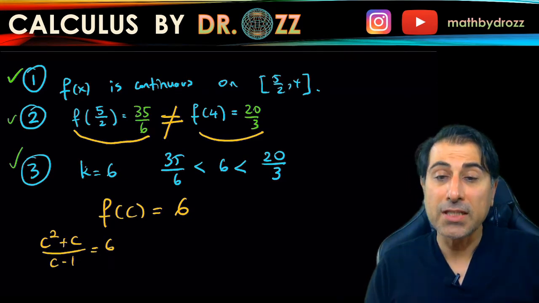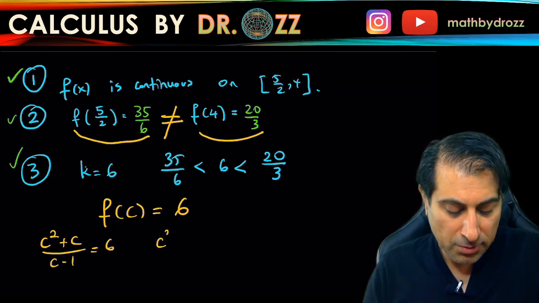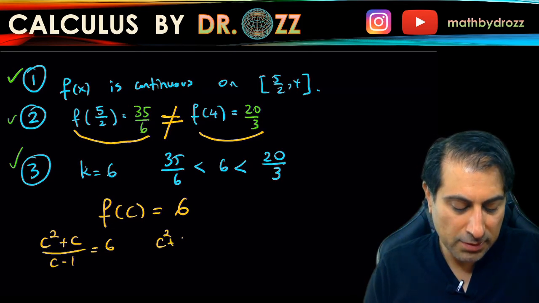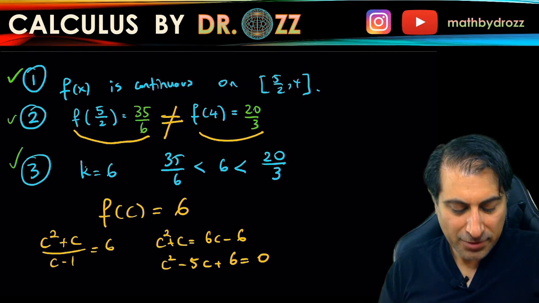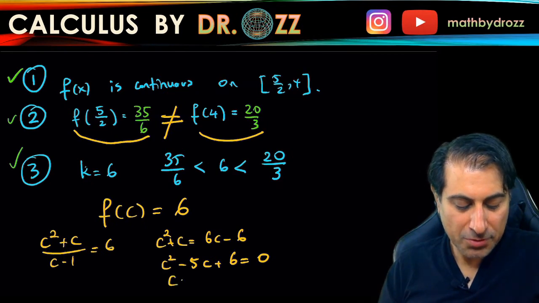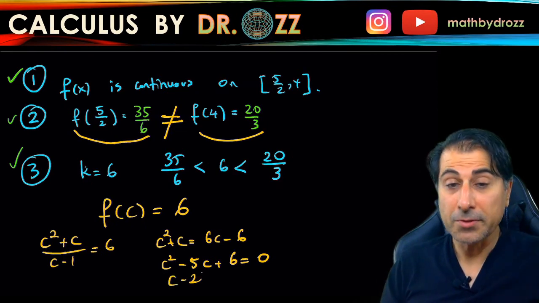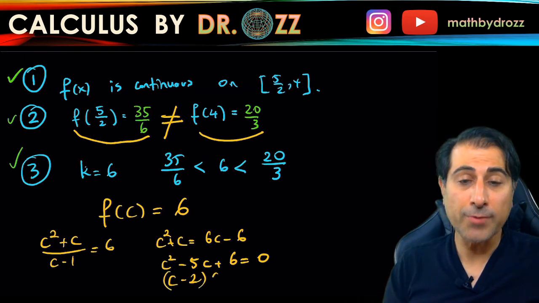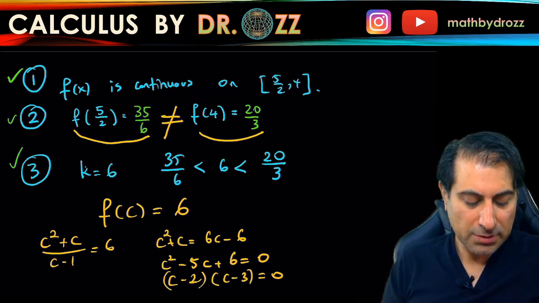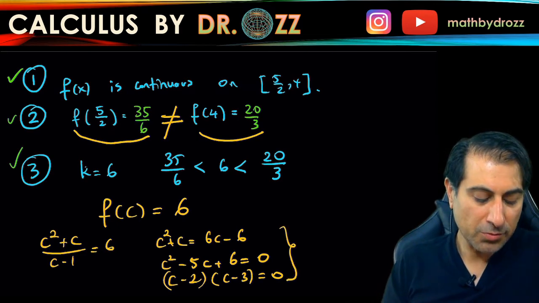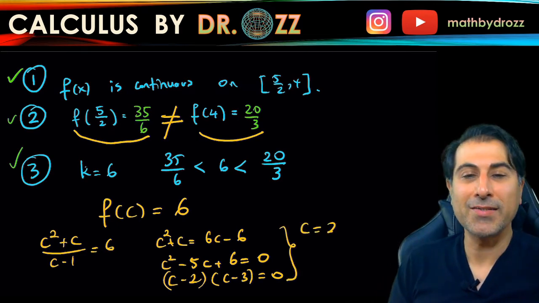Let's multiply both sides by c minus 1. So c squared plus c equals 6c minus 6. We can factor this as c minus 2 times c minus 3, or you can use the quadratic formula if you wish. So we have two solutions: one is c equals 2, and the other one is c equals 3.